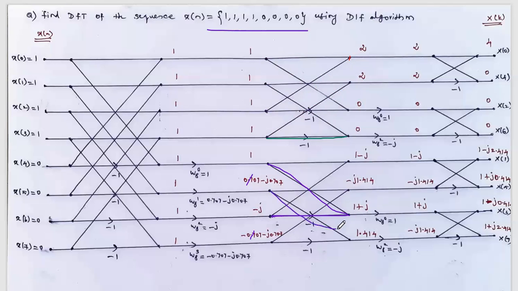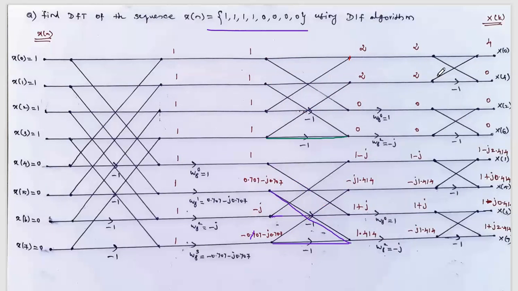Similarly, 0.707 minus j 0.707 added with minus of, you just trace it. Here you see 0.707, minus of this one is plus 0.707 plus j 0.707. Then you add it, you can get the answer 1.414. So the second stage output is calculated.